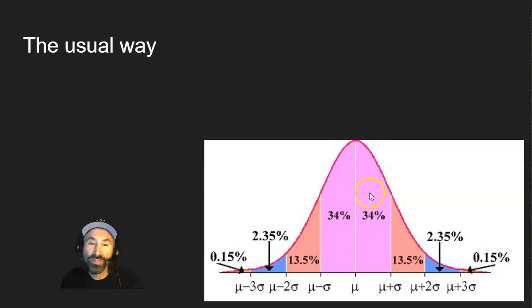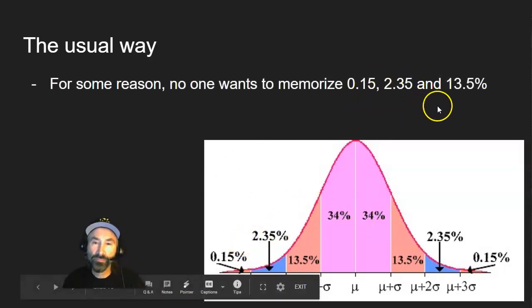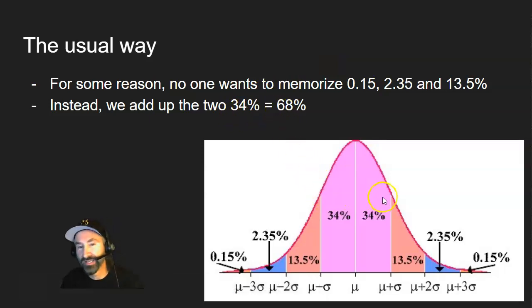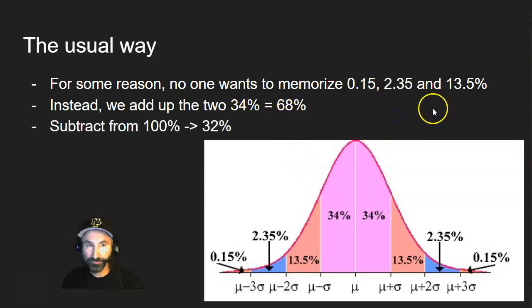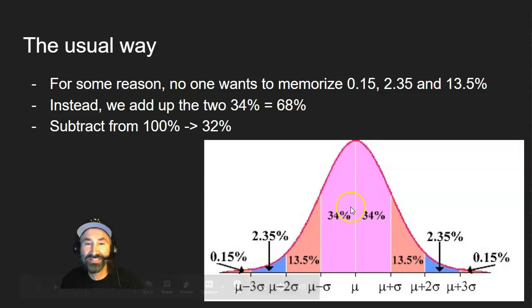Now, if we really wanted to find out what percent of data is below 1 standard deviation below the mean, instead of figuring out all these individual percents with all their decimals, we would simply say this. We would add up the two 34s to say that's 68. We would then say the entire curve is 100%, so if I subtracted this 68, everything that's left over must be 32.